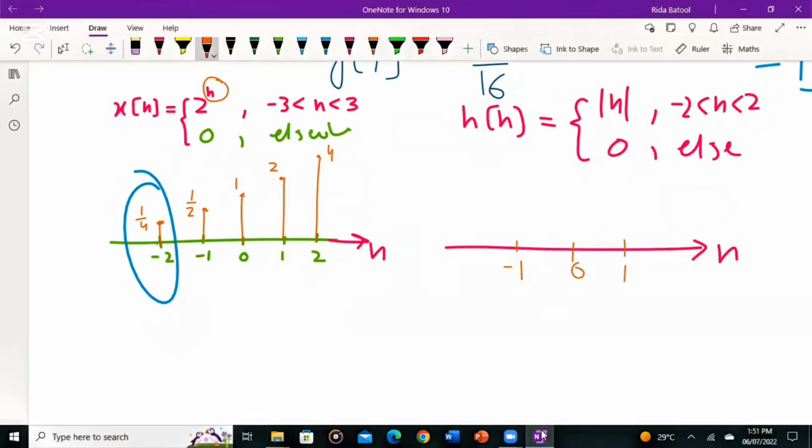If you put n equals to -1, you will get 1. When you put n equals to 0, you will get 0. And when n equals to positive 1, you will get 1. So the values are 1, 0, 1.